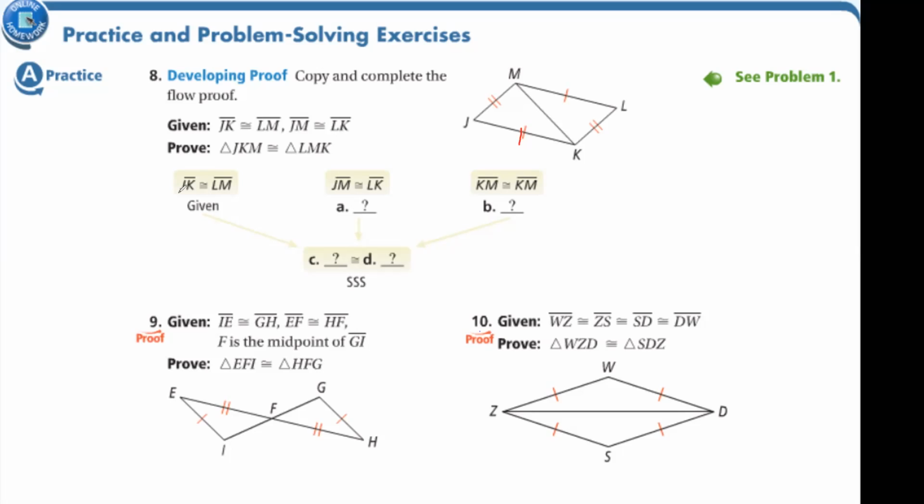JM is congruent to LK. Why? Who can tell me? It's given. So because of that, in A, I wrote it's given.